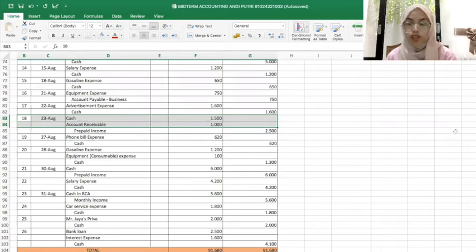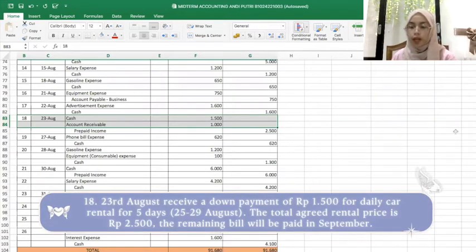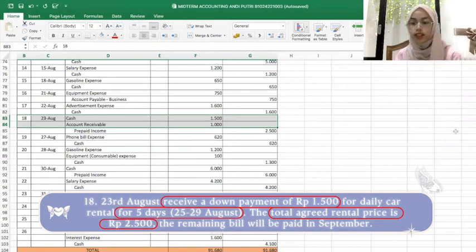For the 18th transaction, on 23rd August, they received a down payment of 1,500 for daily car rental for 5 days from 25th August to 29th August. So on 23rd August, they received cash, which will be on the debit side for 1,500. The total agreed rental price is 2,500, and the remaining bill will be paid in September.